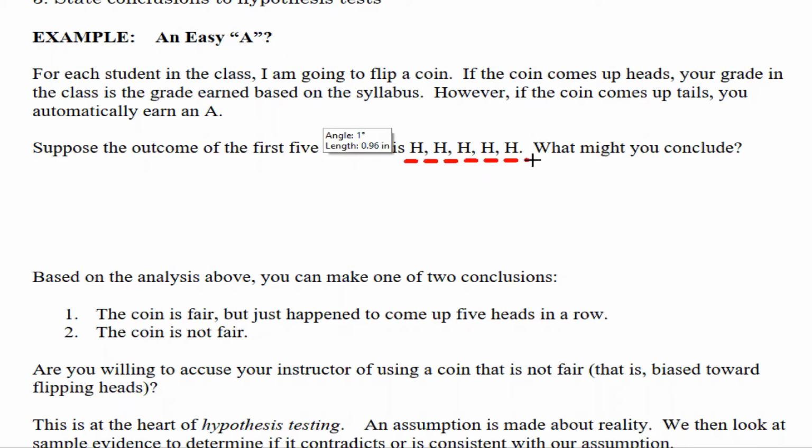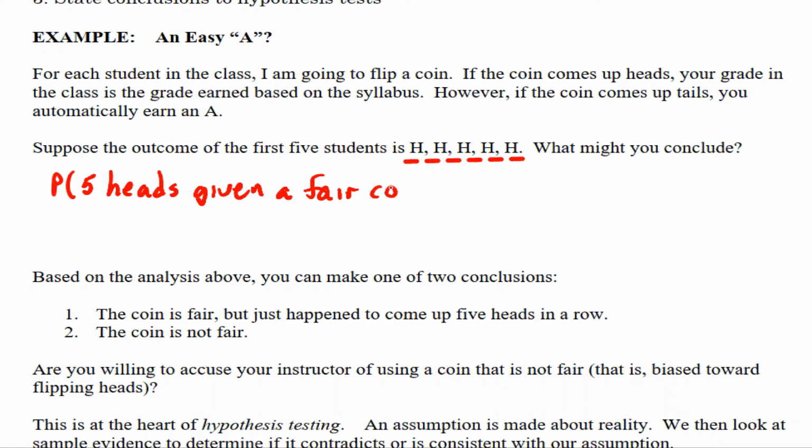This evidence that we're seeing right here of 5 heads in a row feels like that would be unusual under the assumption that the coin is fair. And so what you are implying is that the probability of getting 5 heads given a fair coin is a low probability, right?